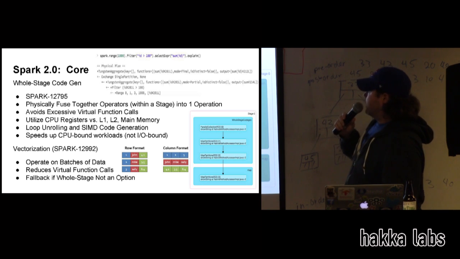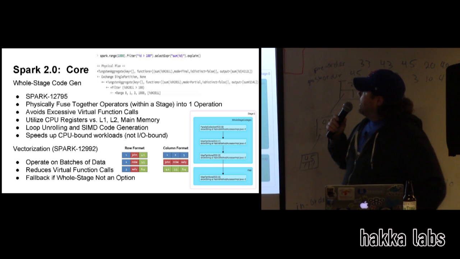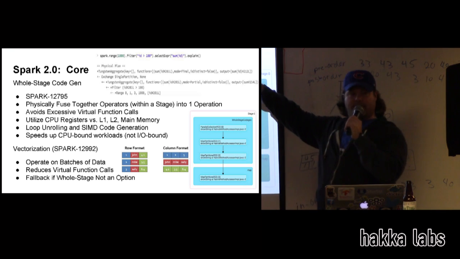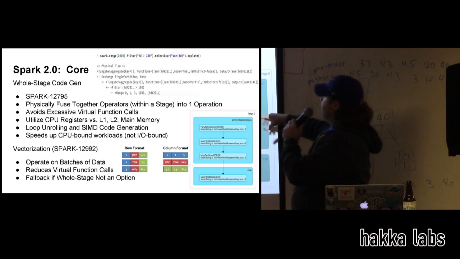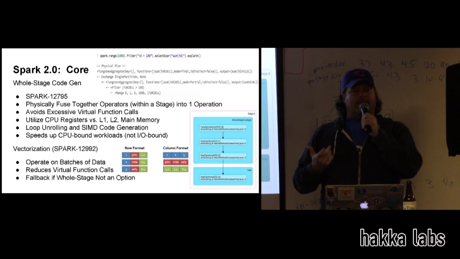Spark 2.0 Core. Yeah, a lot of stuff going on here. The coolest thing is this whole stage code generation. If you read this from bottom to top, which is how these physical plans read, right? Anytime you see this kind of tree, this took me 3 years to figure out, you always start at the bottom and then move up. So what's happening is we're fusing together operators, physically.